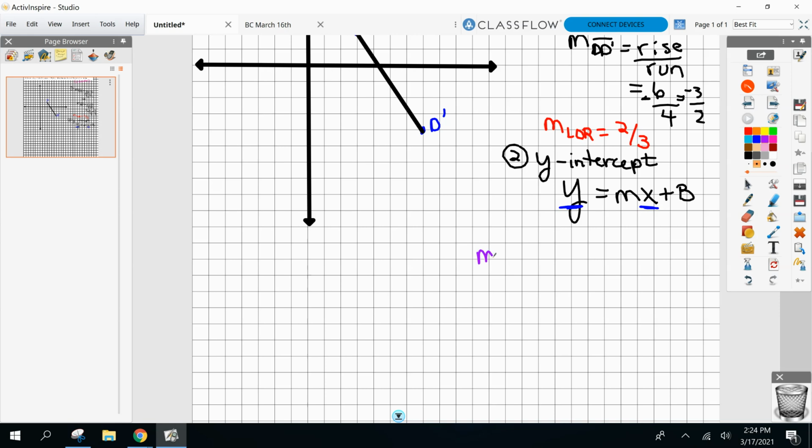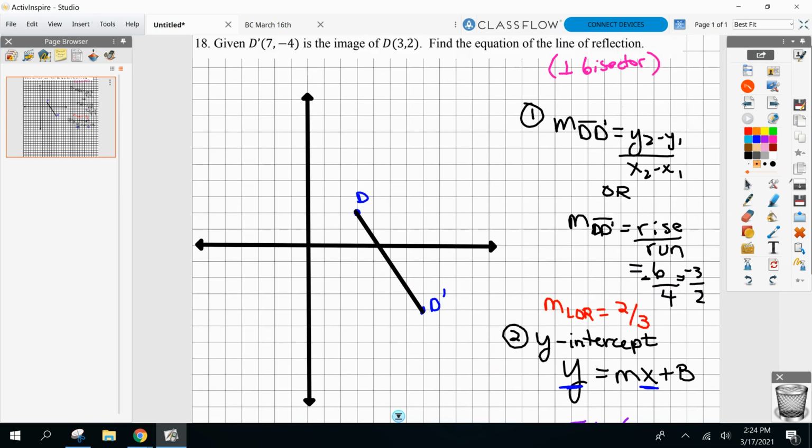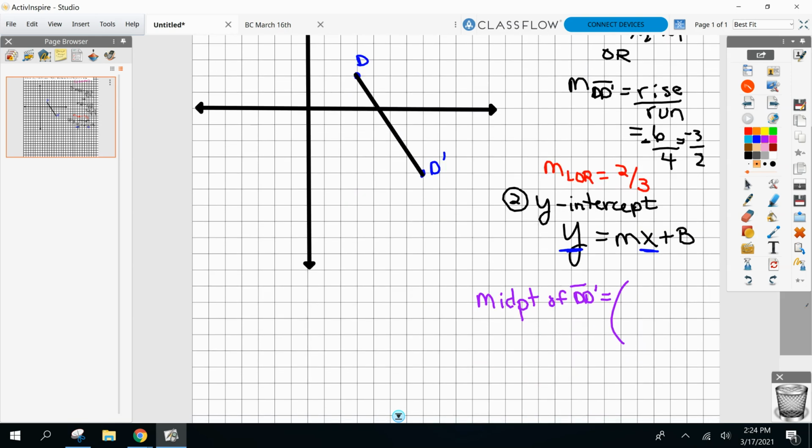So I need to get out the midpoint formula and find the midpoint of DD prime. All right, review of the midpoint formula. Let me just go back to those coordinates. Add your x's. So 7 plus 3 over 2.